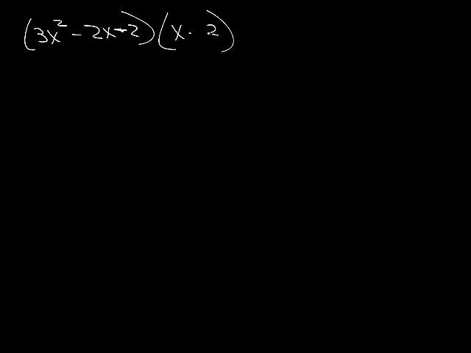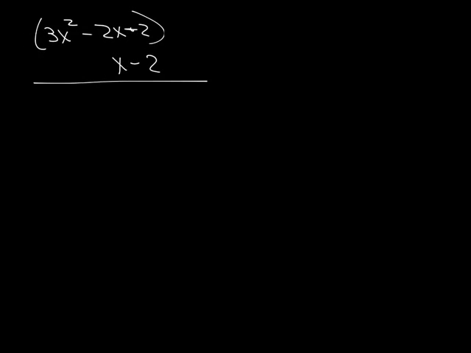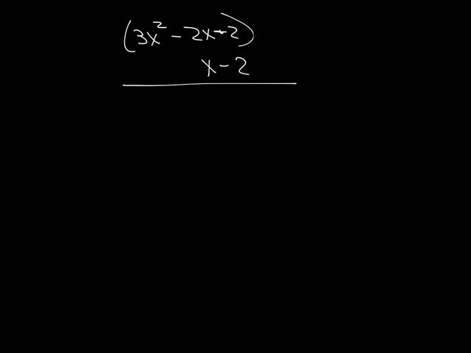My minuses aren't very minusy. Okay, so vertically, what we're going to do is we're going to put this underneath here and multiply. So let's get rid of that. And we put a line here. Let's move this over a little bit. Alright, now we're going to multiply.